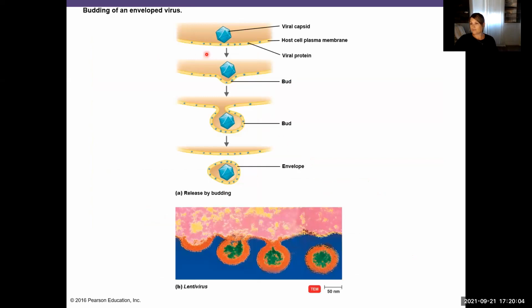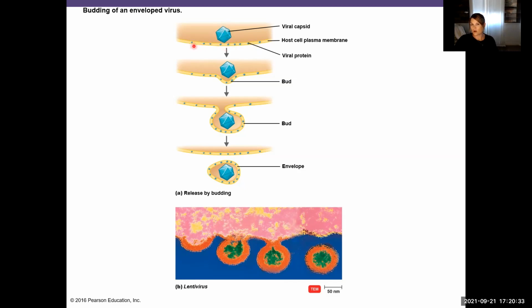Okay, so here's an example of budding. That's how a lot of enveloped viruses will escape. Here's a new viral capsid that has just been made inside the host cell. During the assembly and maturation process, the virus will also insert viral proteins into the host cell membrane to tell the new viral particles where to exit.